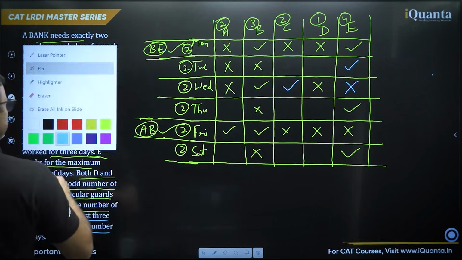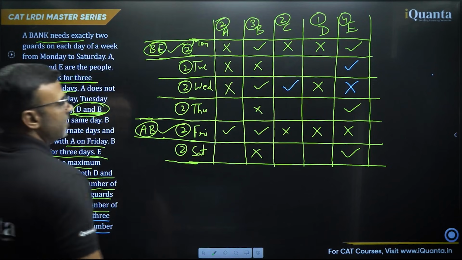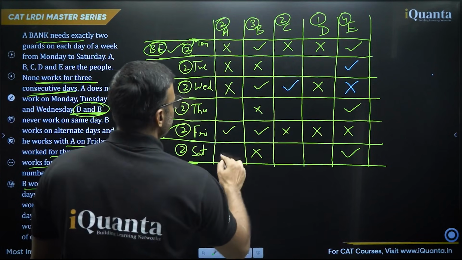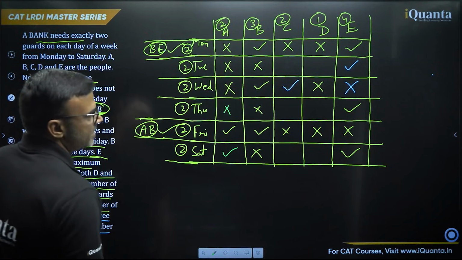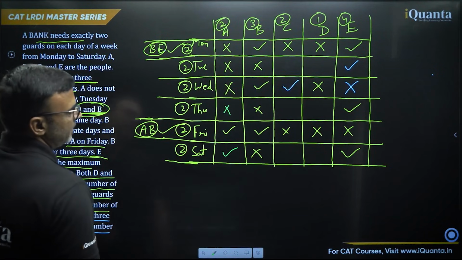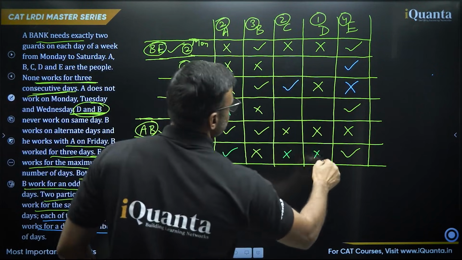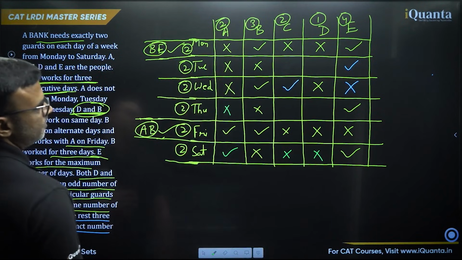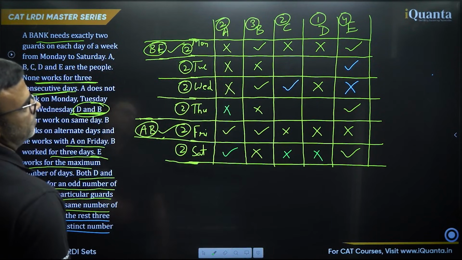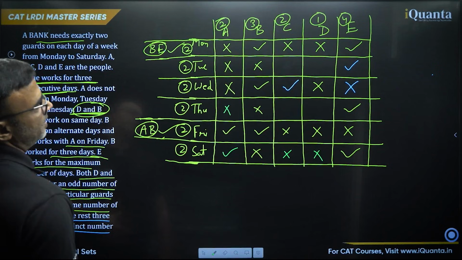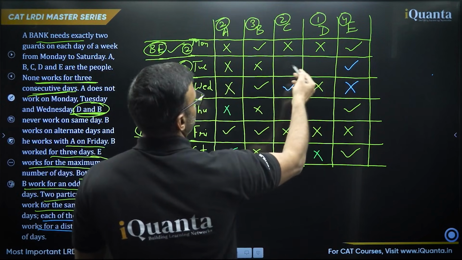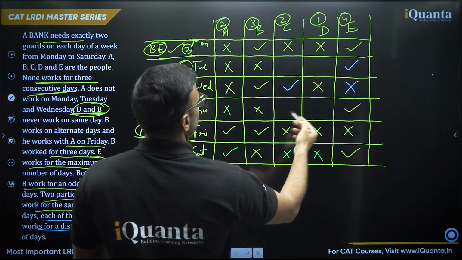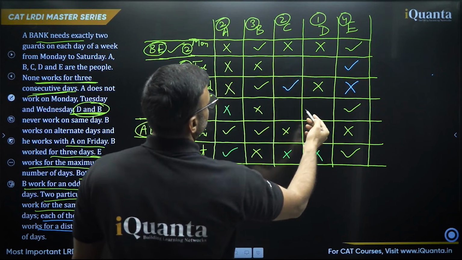I'll do one thing. Let's take both cases. If E works with A on Saturday, then A cannot work on Thursday, right? And nobody else can work on Saturday. So what are we left with? We can have any one person working on Tuesday, any one person working on Thursday out of C and D. Right.